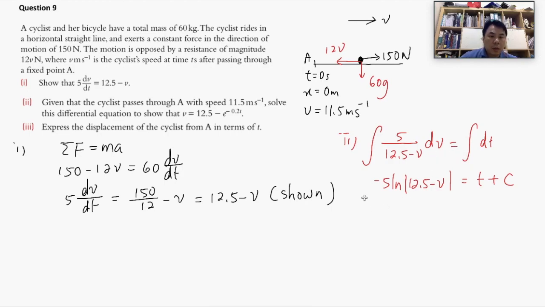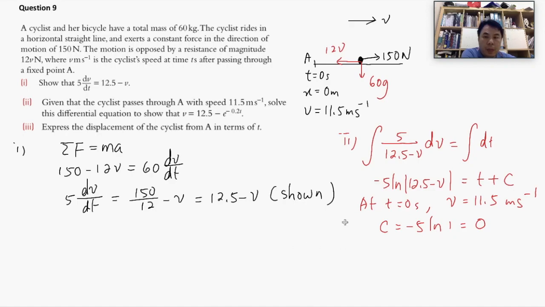At t equal to 0 seconds, we know that V is equal to 1.5 meters per second. So we're going to substitute this information into this equation. We have c equal to negative 5 ln(12.5 minus 1.5), which is actually ln 1, that is actually 0.